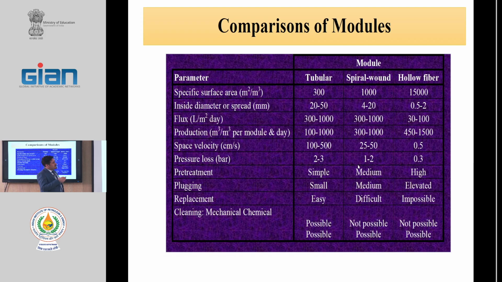Therefore, when we introduce the new concept, productivity, that is the flux and surface area, we see that generally hollow fiber membranes have high productivity.